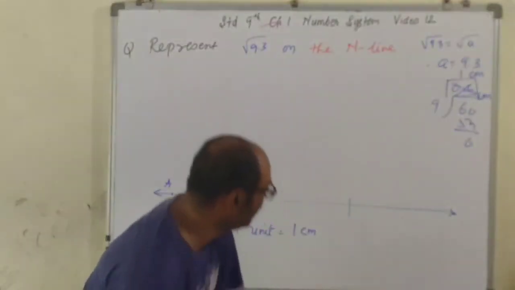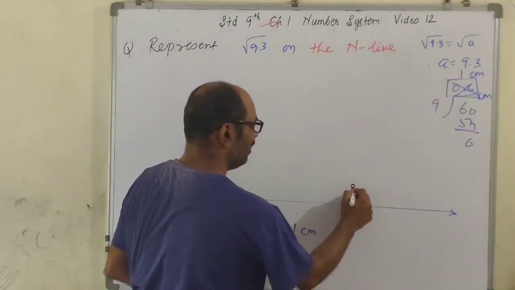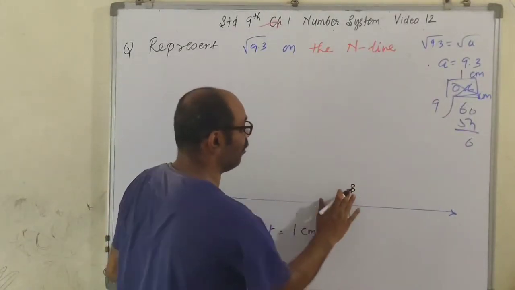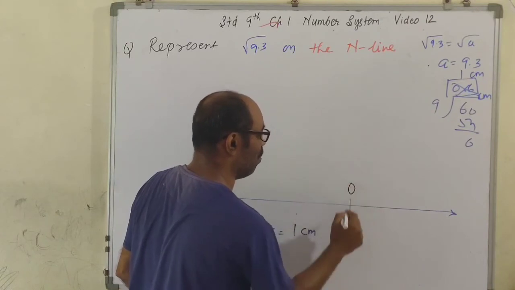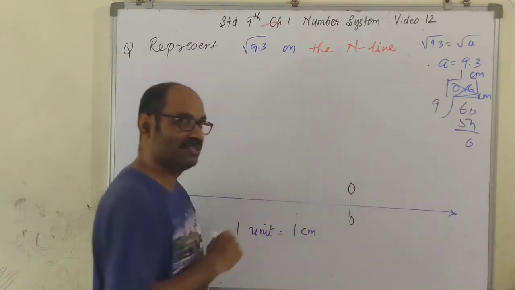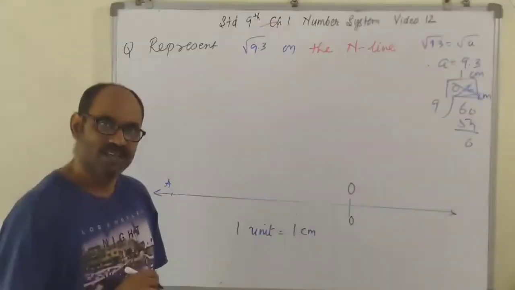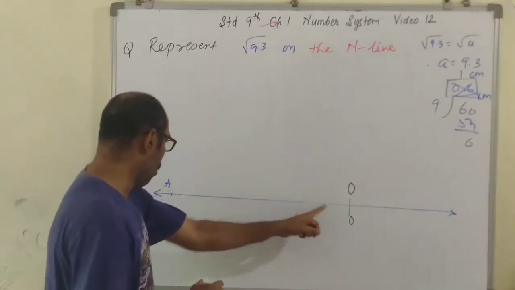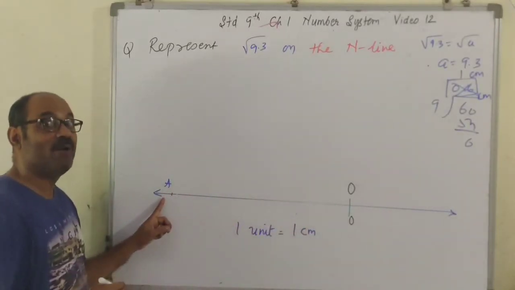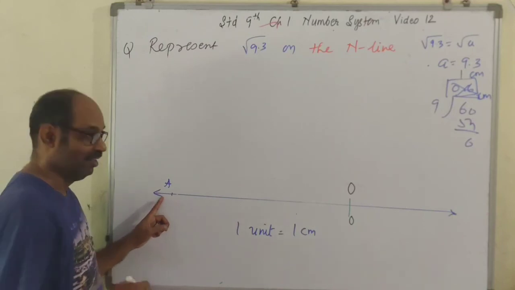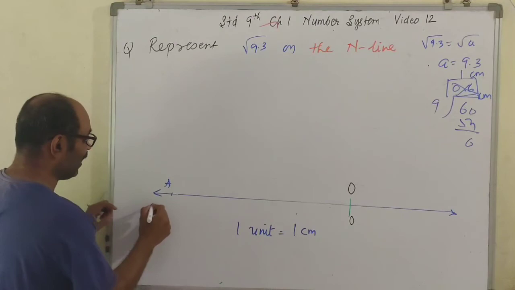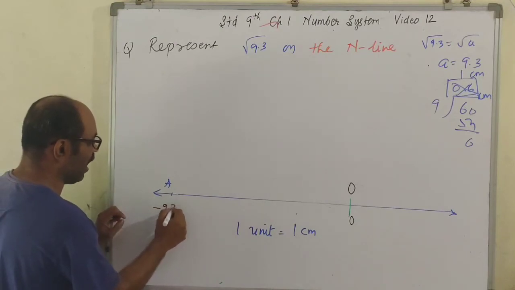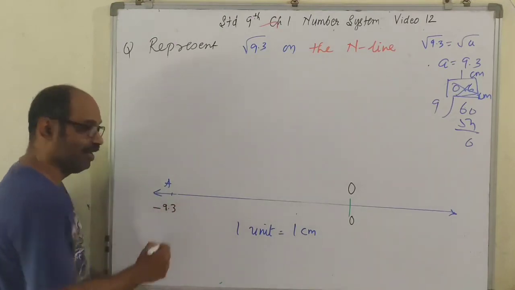This point is B. This time I'm going to call it origin O. And the number corresponding to it is 0. Alright. Children, OA is 9.3 units. And this A is to the left of origin. So I can say the number corresponding to A is minus 9.3.